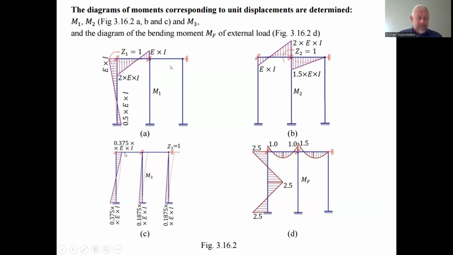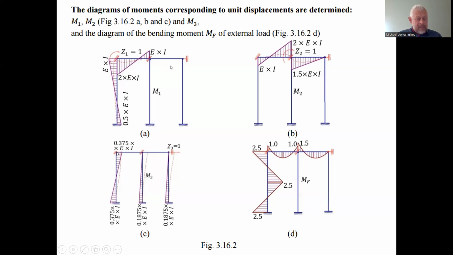In this case, we have a definite shape of the diagram of the bending moment for this point, 0.375 product by E by I. So if we move this end by the magnitude 1, what one is not so important. This is just a unit, a theoretical concept.